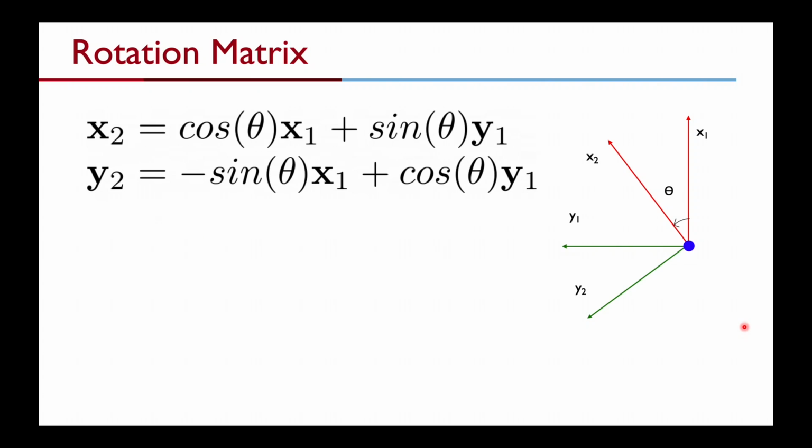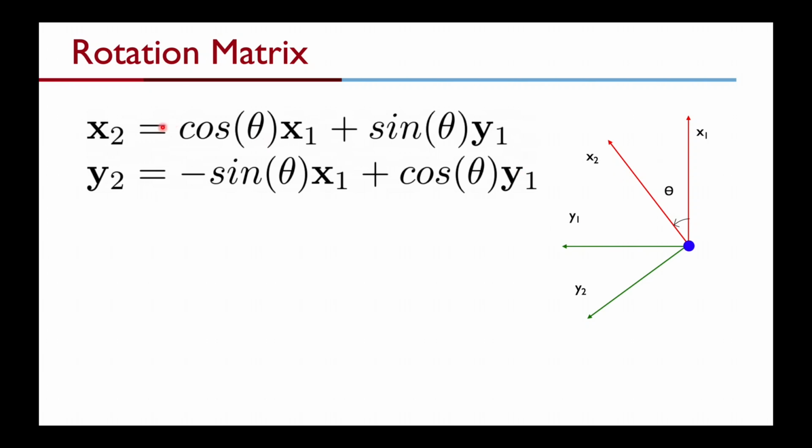And so here's one way to visualize where these expressions are coming from. As you can see from this image, the x2 unit vector direction contains the cosine component of the x1 unit vector, which comes from this side, and it contains the sine component of the y1 unit vector, which is coming from this side.